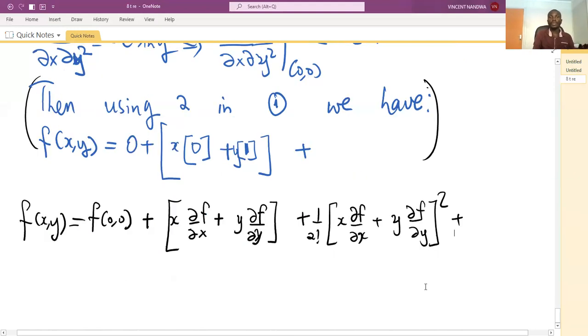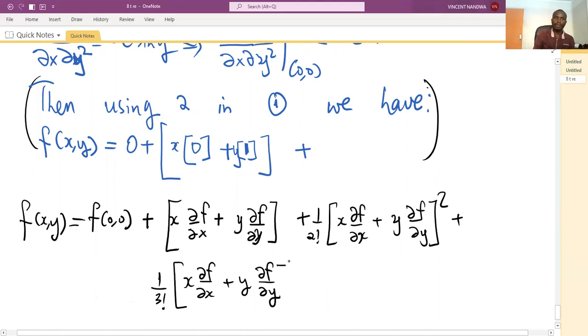I just want to write the expanded form of this one so that we can see how it replaces in the derivatives. 1 over 3 factorial into x partial f partial x plus y partial f partial y, all cubed.